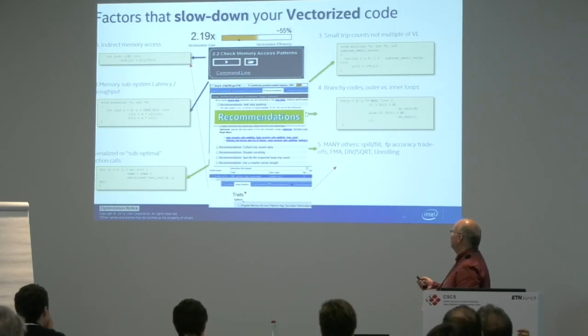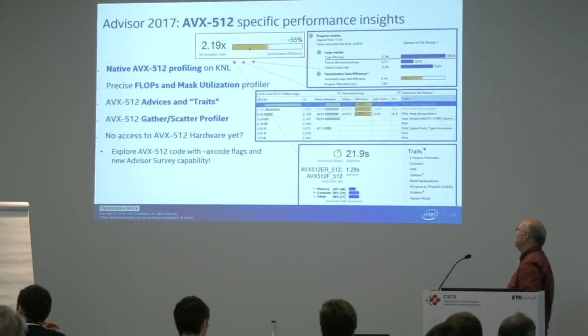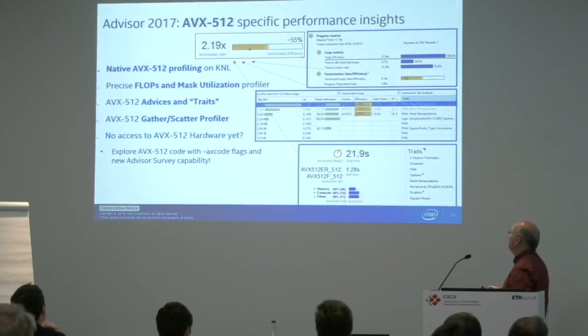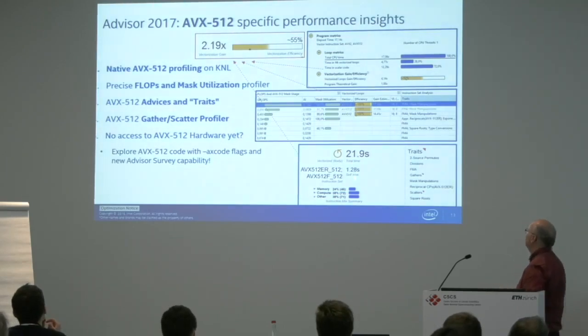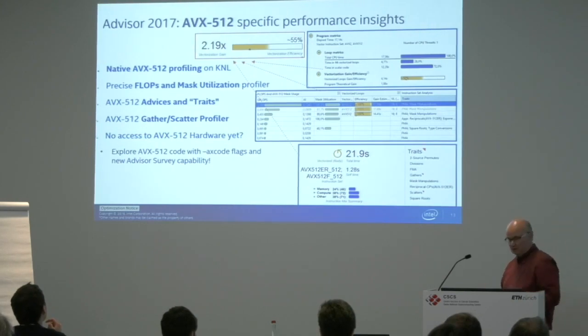Other things like traits are also mentioned here in the loop analytics section. And there is the special AVX-512 performance insight. You get this additional profiling here. You get the flops and the mask output. So it calculates for you the gigaflops with the trip count.